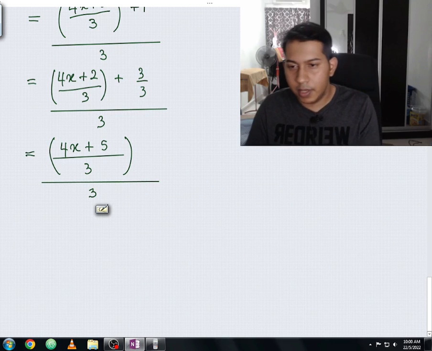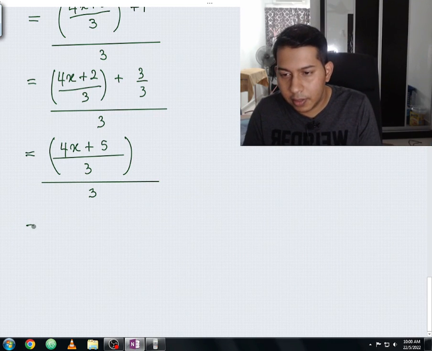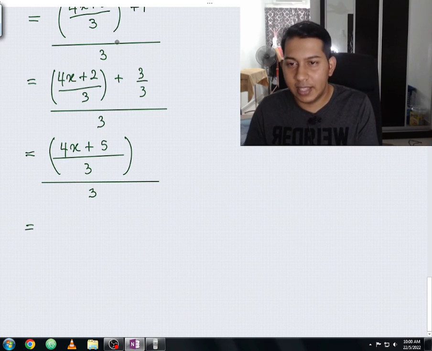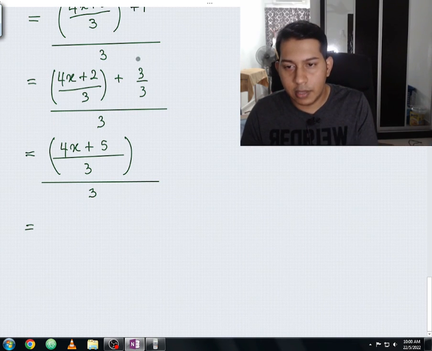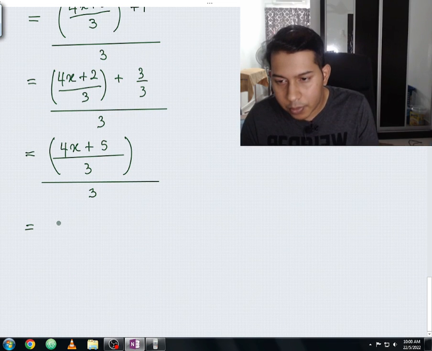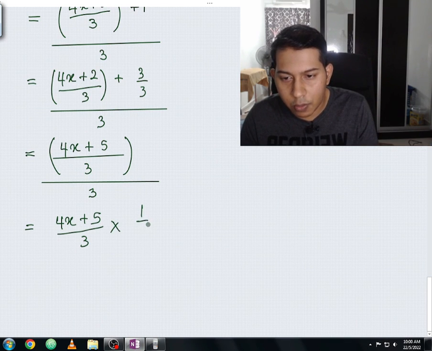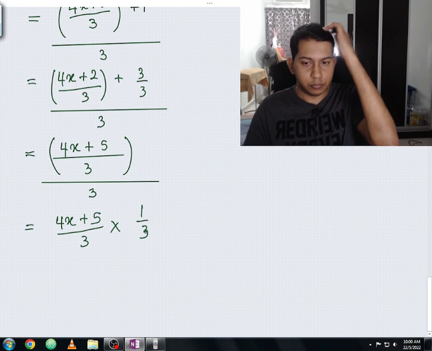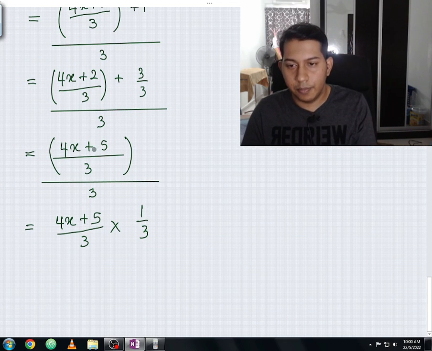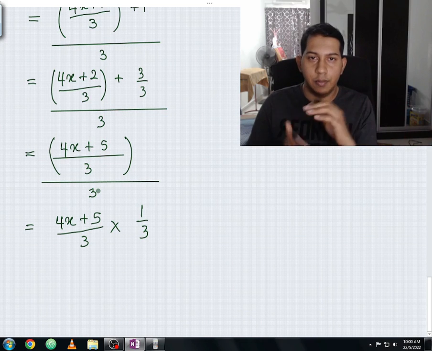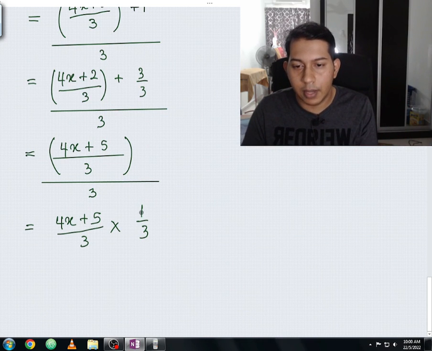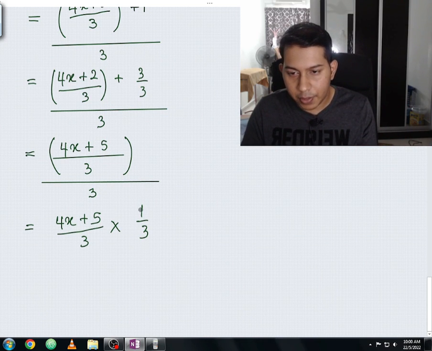It's for teaching purposes, guys. If you are an expert, you can skip this step and omit it straight away. But if you still don't know, no problem, you can give a long working. So from here (4x plus 5) over 3, since this is a division, you change it into a multiplication, and then you multiply with 1 over 3. It's the fundamental concept of division of fractions, guys. So you change it into a multiplication.